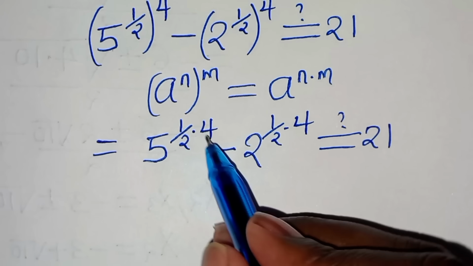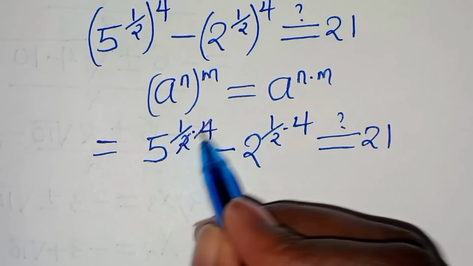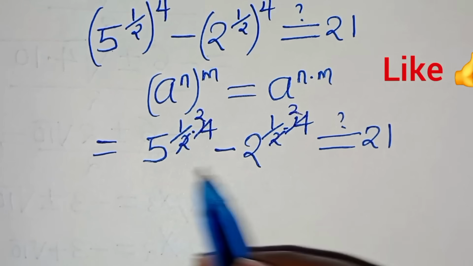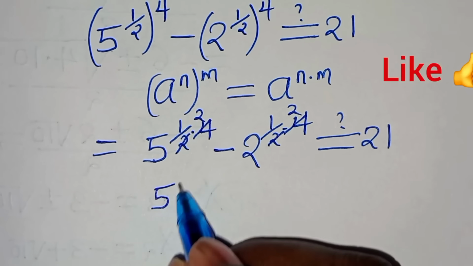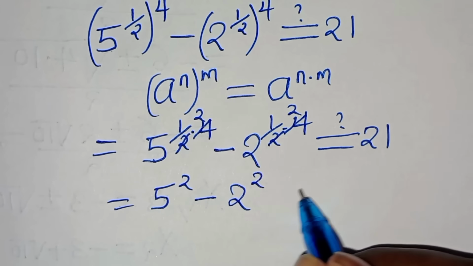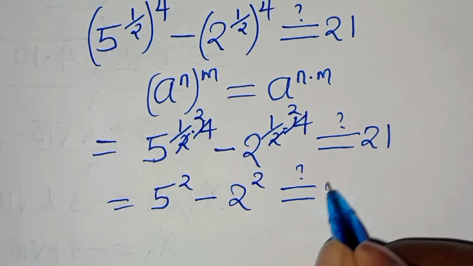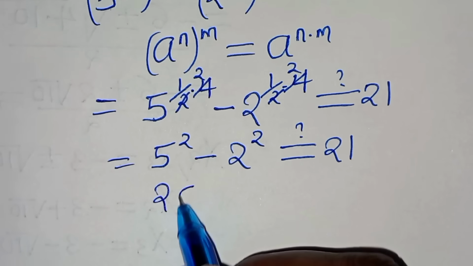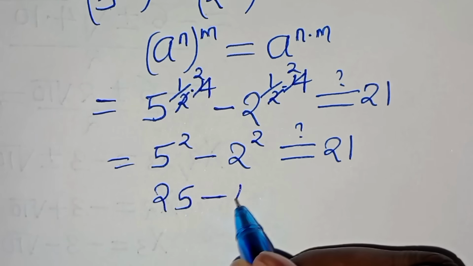So let's simplify here. 4 divided by 2 is 2, then again 4 divided by 2 is 2. So this is 5 squared minus 2 squared. This is supposed to give us a value of 21. 5 squared is 25, minus 2 squared, which is 4.